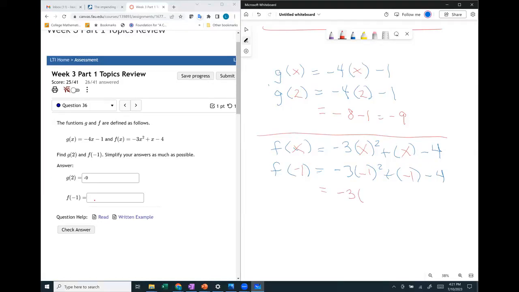So that would be positive 1, plus minus 1 minus 4, which equals negative 3 minus 1 minus 4, which equals negative 8.